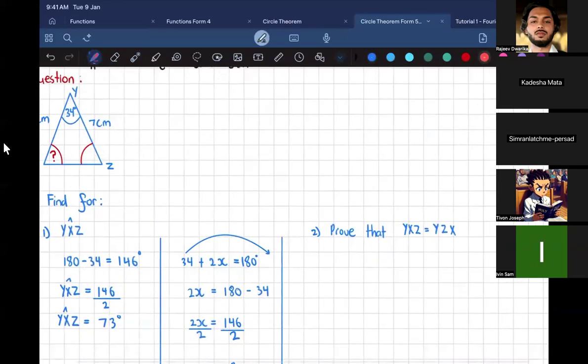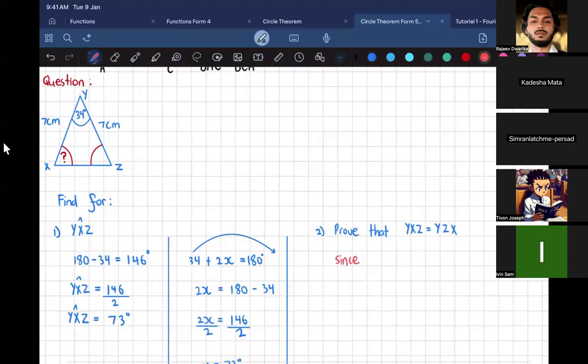So the simple reason is, since XY is equal to YZ, which is equal to 7 centimeters, triangle XYZ is an isosceles triangle.